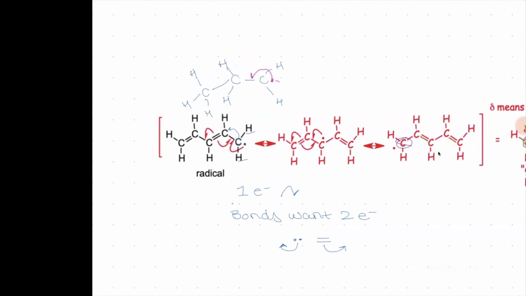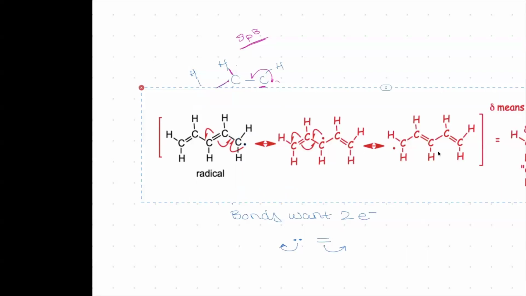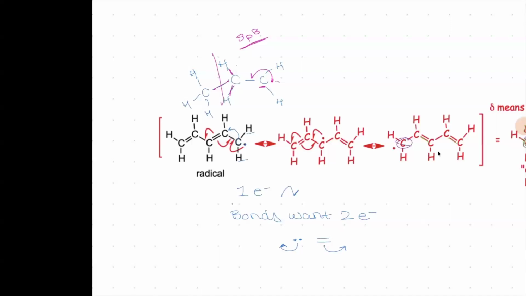So it's going to sit here on this carbon. That's why sp3 can't participate in resonance, because all of its other electrons are already being used, already taken up. You're not breaking that sigma bond, because you would cleave it to create two separate molecules, and that's just not going to happen.